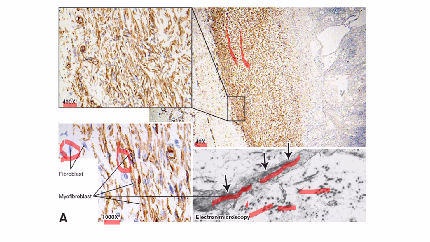These images are from the site of fibrosis or wound healing that show fibroblasts transform into myofibroblasts to produce and remodel the extracellular matrix. The myofibroblasts contribute to wound contraction and scar formation.